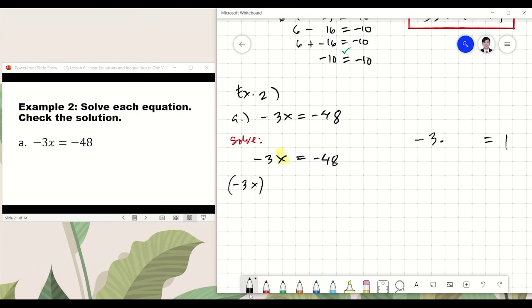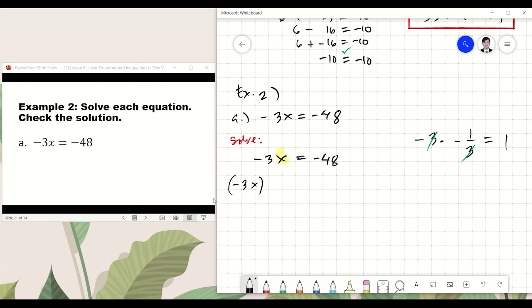In other words, yung reciprocal ng number. Ano yung reciprocal ng negative 3? Negative 1/3. Ayan. Negative 3 times negative 1/3, makakancel out yung 3. Negative times negative, positive. So, magiging positive 1. So, yan yung goal natin kapag yung coefficient ng ating variable x, kung hindi naman siya 1.